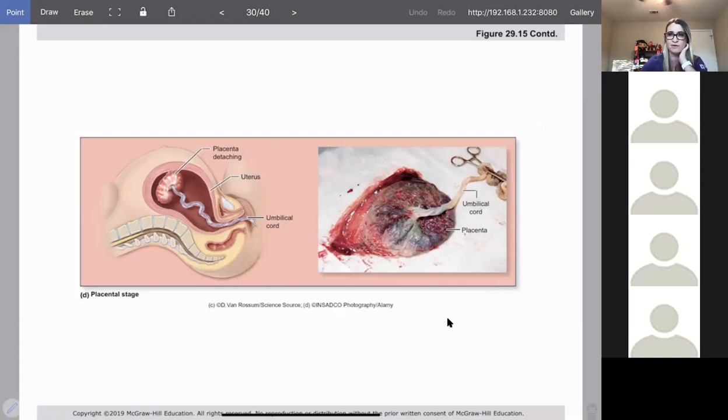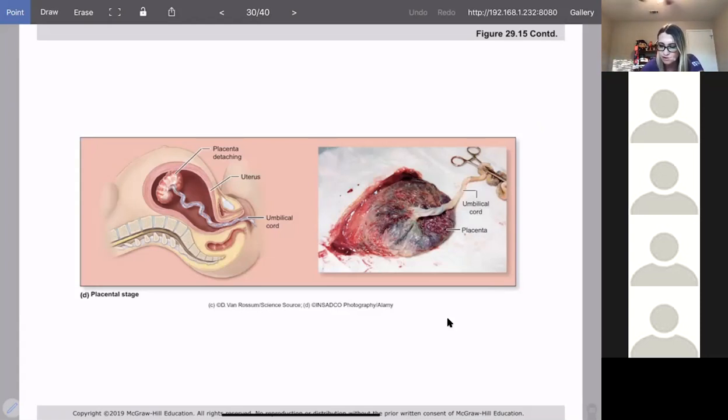If it doesn't come in one piece, they will have to remove whatever was left behind. And if it doesn't want to come at all, they will have to remove it somehow. They generally want you to deliver the placenta within 30 minutes of the delivery of the baby, because if it stays longer, that could cause the mom to bleed out. Okay, so that's the placenta.